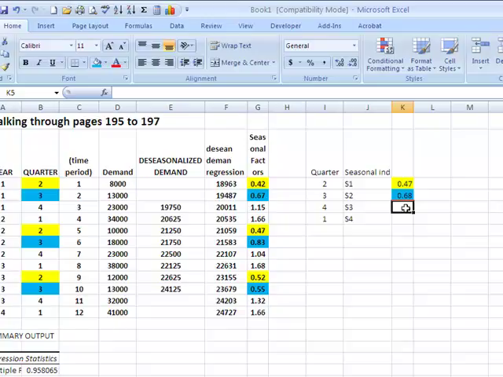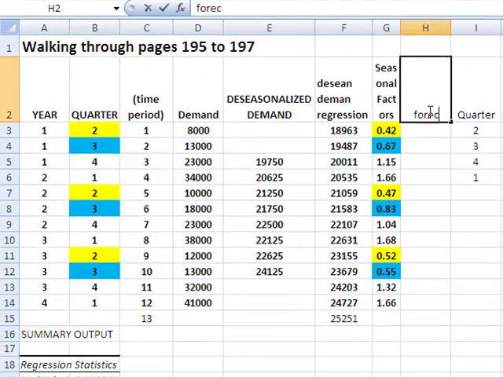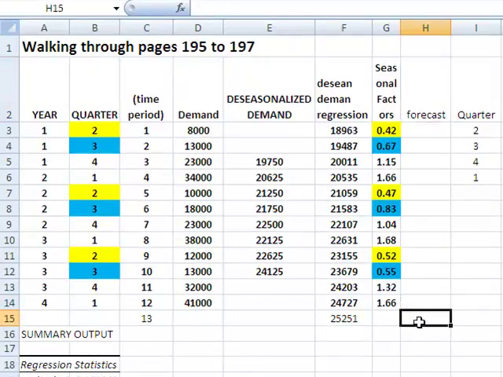For the next ones, I'm not going to calculate them for you, but from the book we get 1.17, and for the next one we get 1.67. So then you can see that your authors are saying, for time period 13, how do we compute our forecast? Our forecast is going to be our regression estimate, which is deseasonalized.